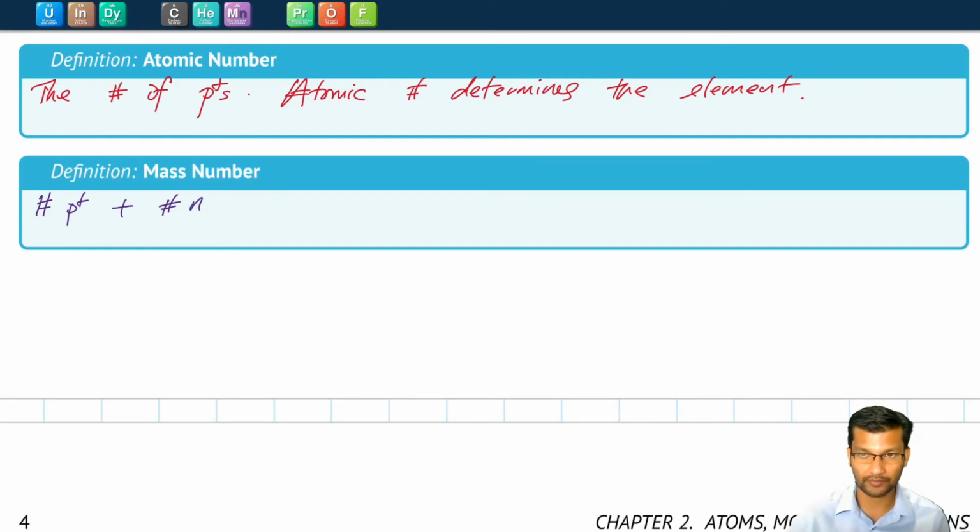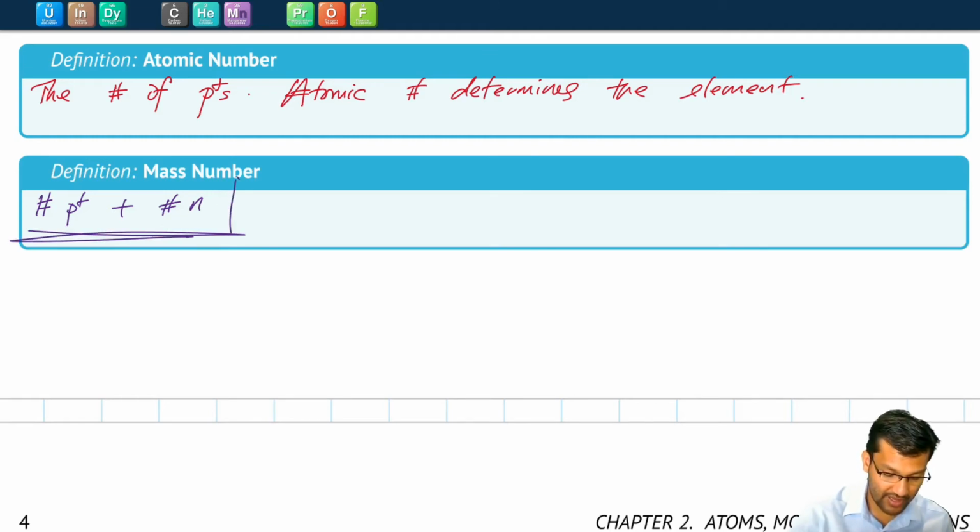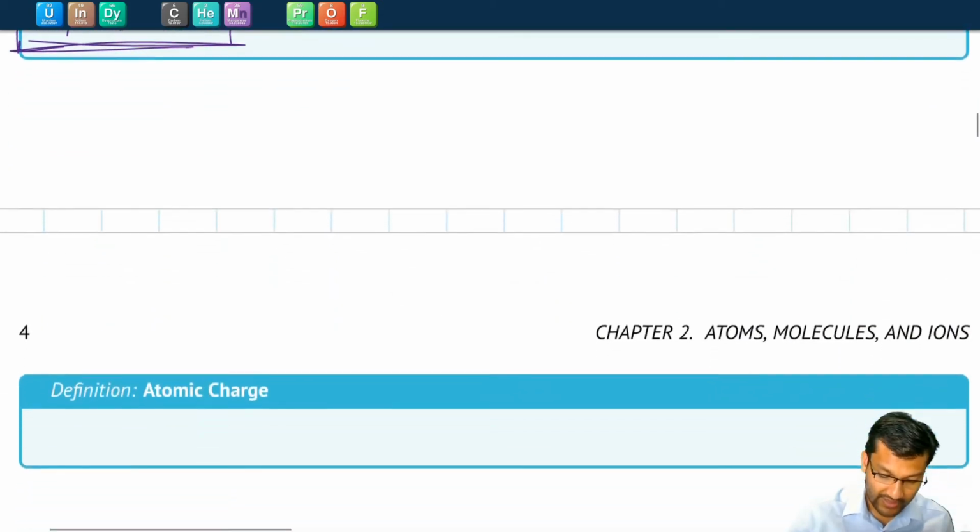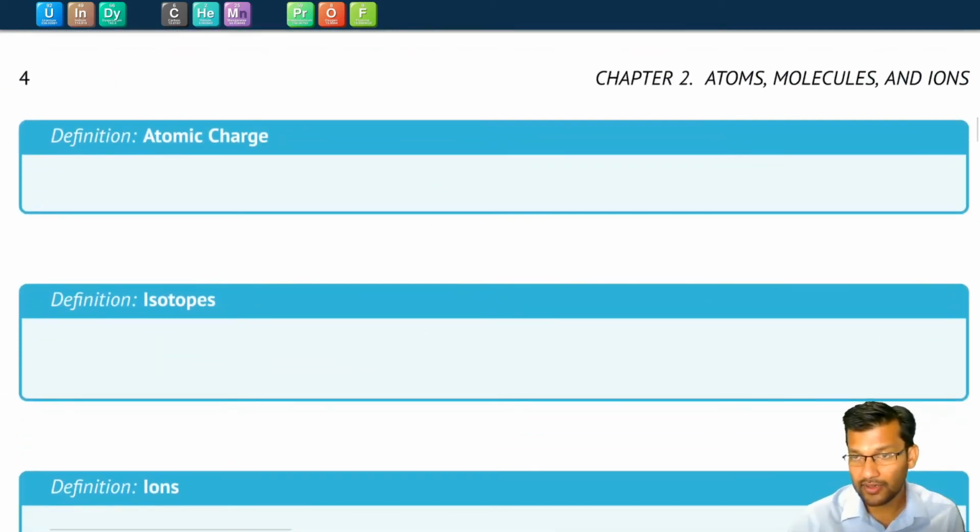The mass number is the number of protons plus the number of neutrons. This is the mass number. And because the protons and neutrons have pretty much all of the mass of the atom, it's just the sum of the number of protons plus the number of neutrons. Okay. The atomic charge is basic.